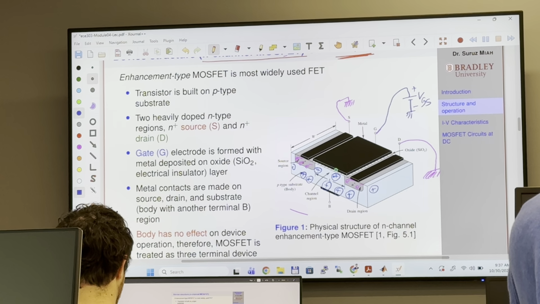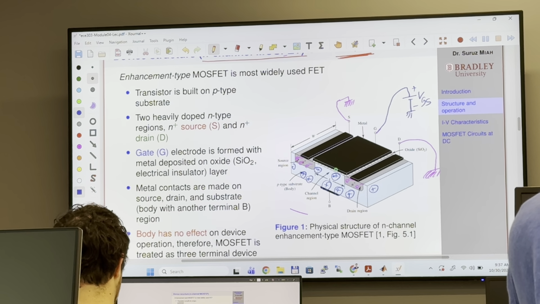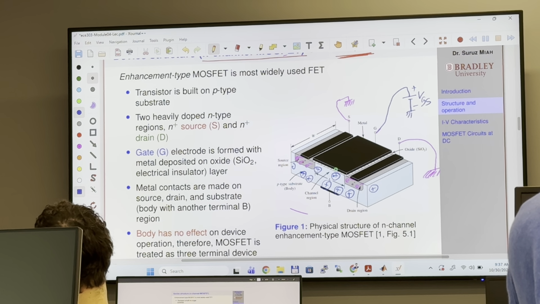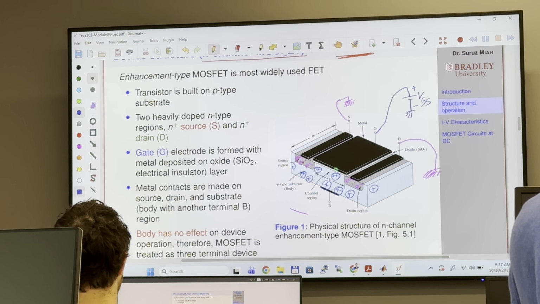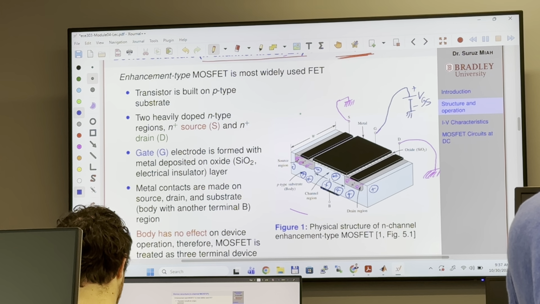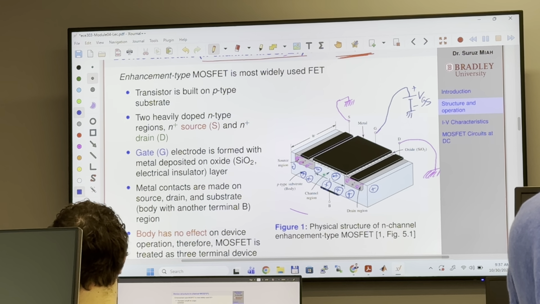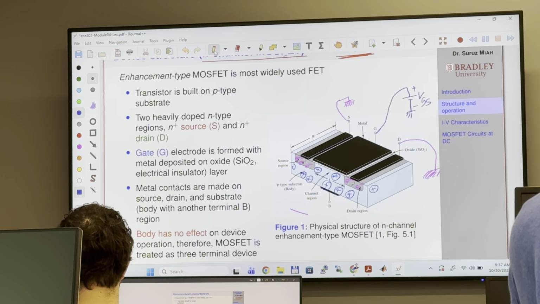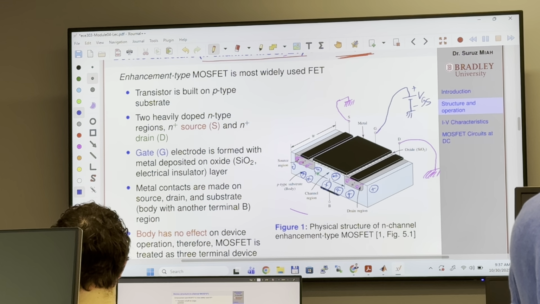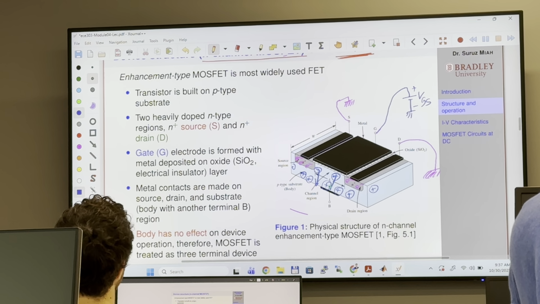If you have two magnets and both of them are North Pole, they repel each other, and South Pole and North Pole attract each other. That's what we learned in grade 9 or so. So now the positive charge will repel the positive charges, and these positive charges will come down.